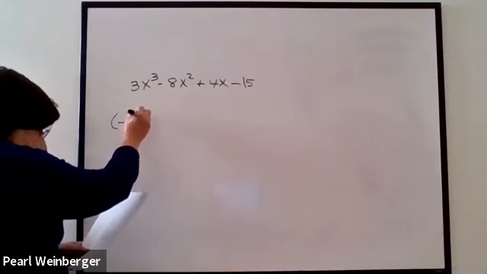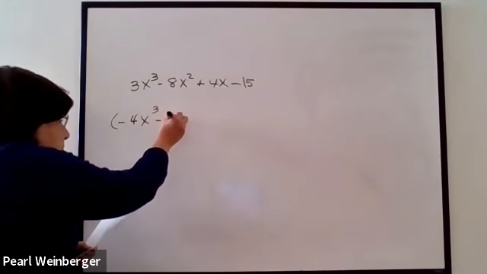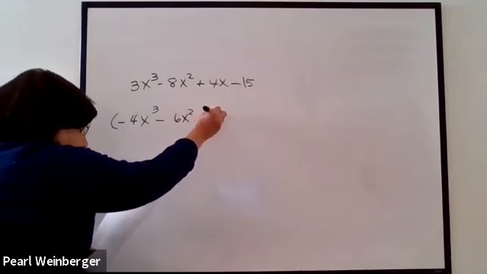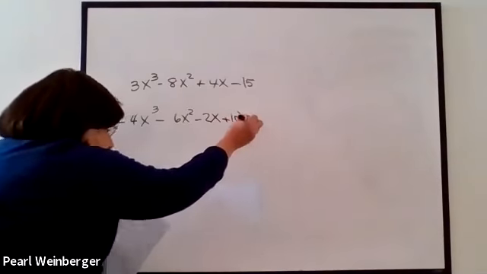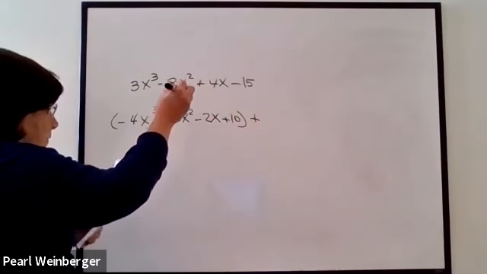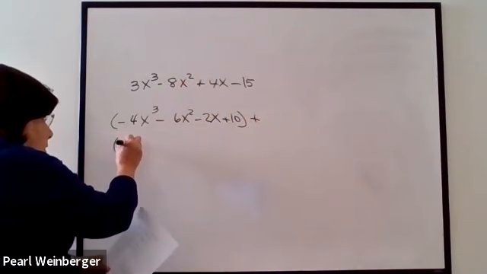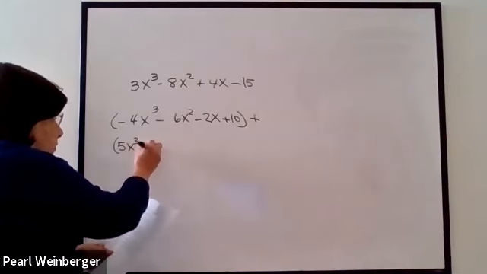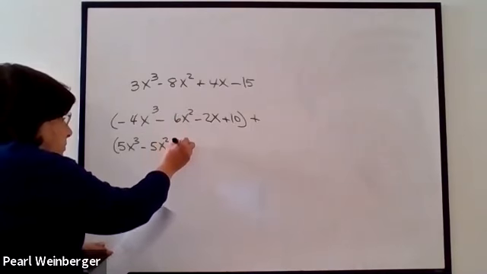Negative 4x to the third minus 6x squared minus 2x plus 10 plus 5x to the third. I'm going to go down here. Minus 5x squared plus 6x minus.